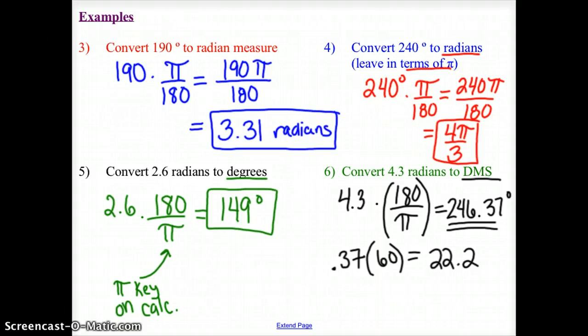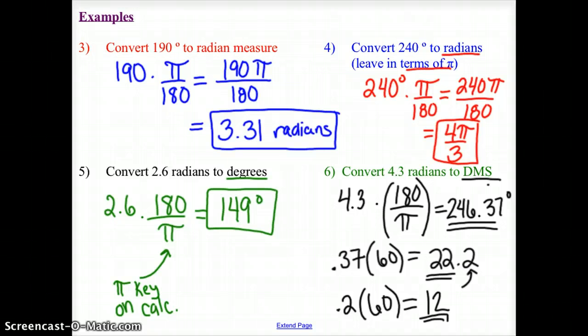The 22 is my minutes. To get my seconds though, I need to take that second decimal right here, my 0.2, and multiply that by 60 as well. And that will give me 12. These are my seconds.